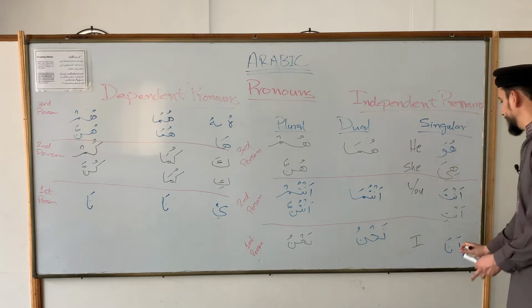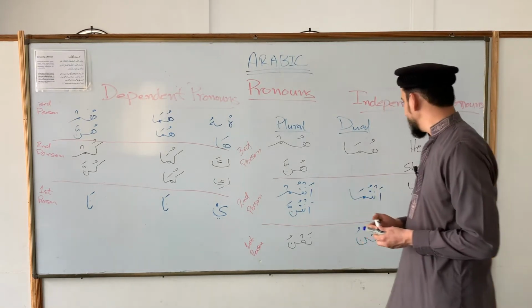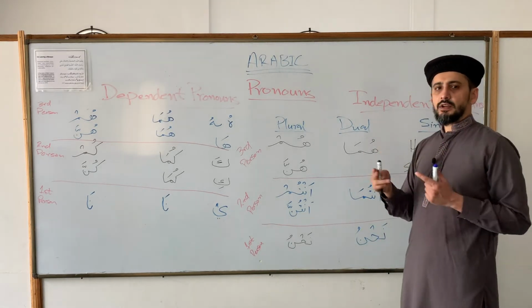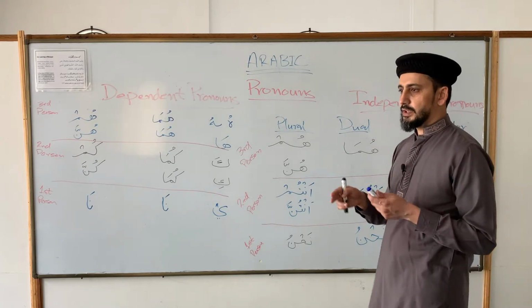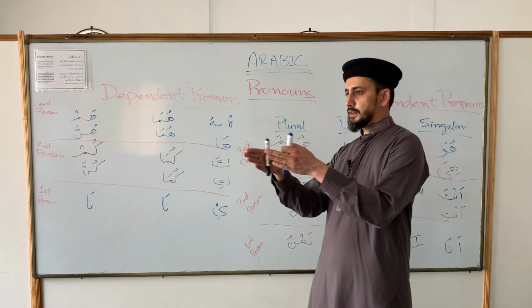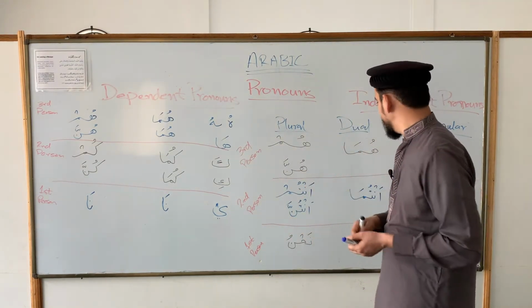These are independent, so when they come independent, they will not join with any other letter. The second group is dual. Dual means two persons. It could be two males, two females, two persons being addressed, or two persons who are talking.